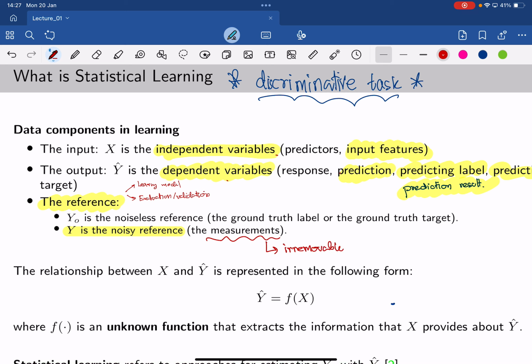Or maybe we say that these types of reference have something called irremovable noise. Okay, but also there is the best possible version of it, that is the noiseless reference. And usually when we say it's a noiseless reference, sometimes people will use another term, that is the ground truth.